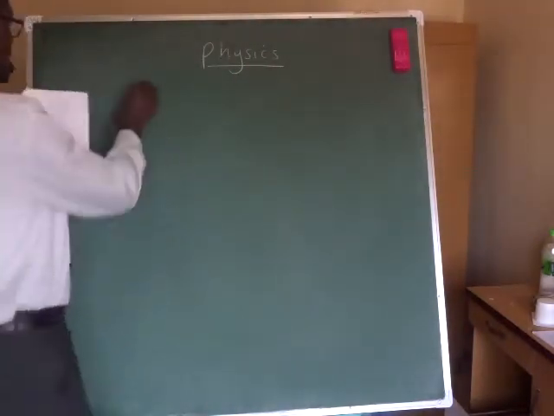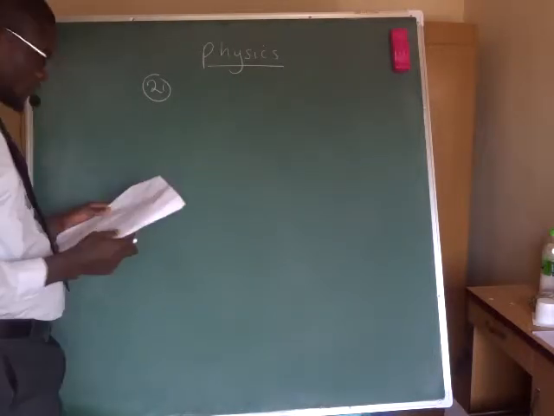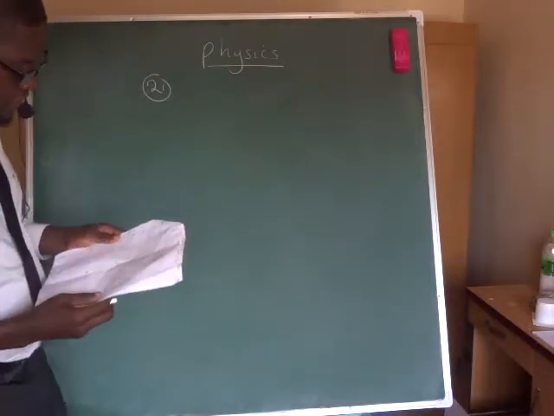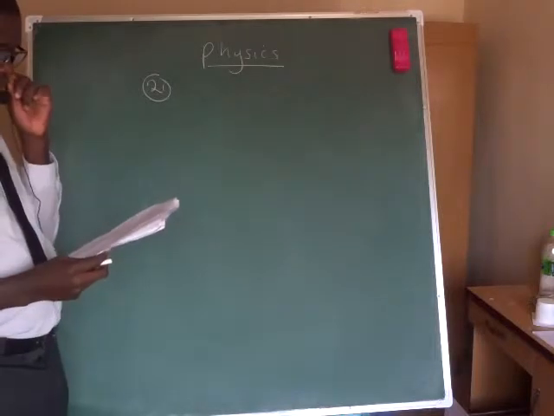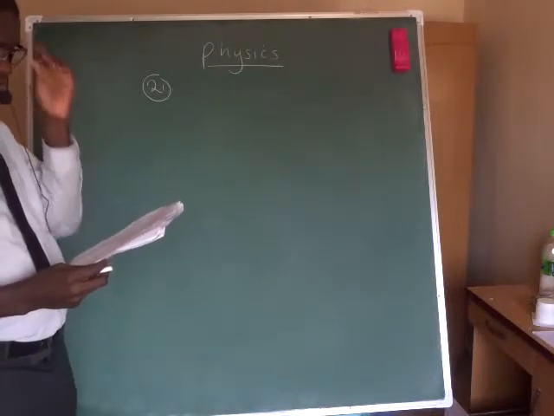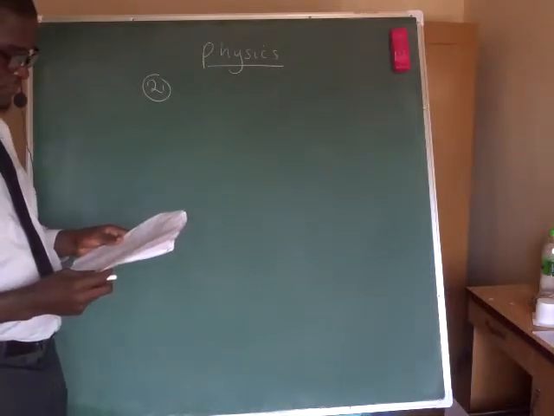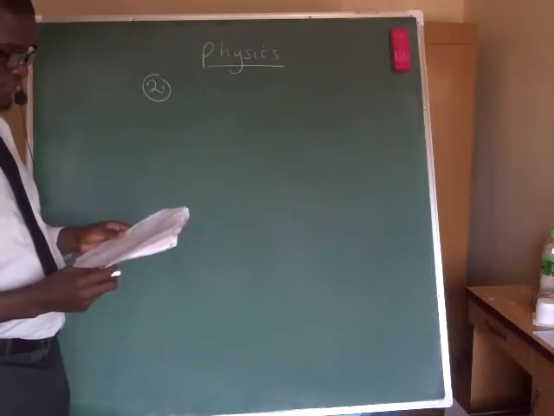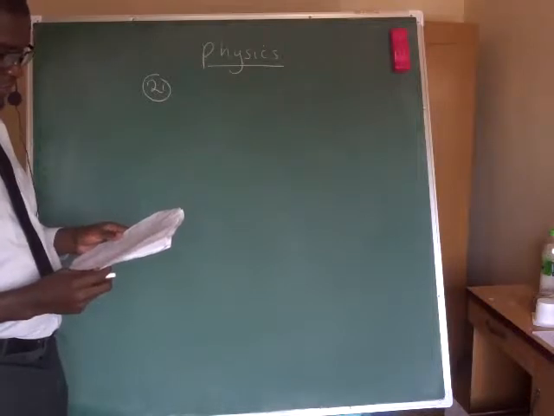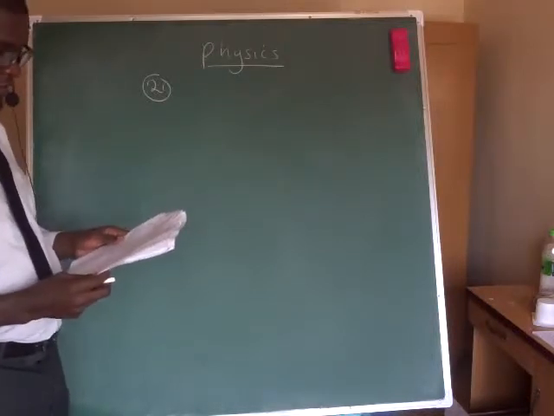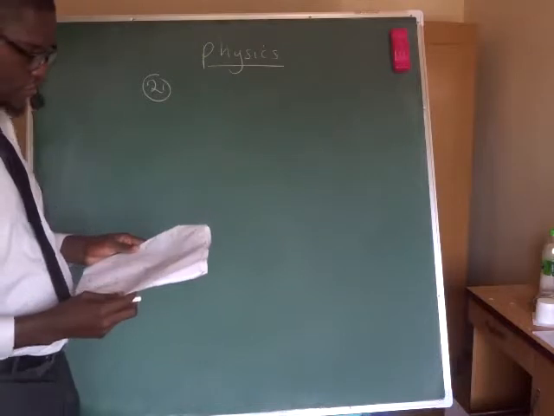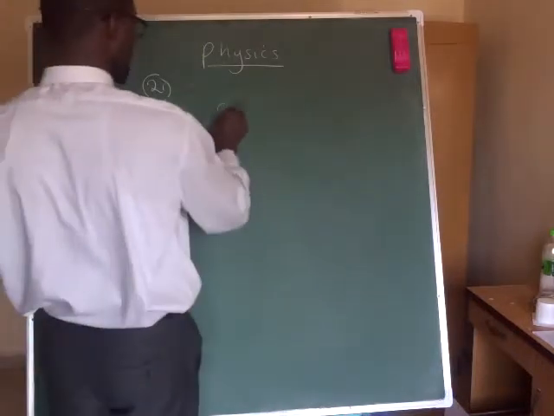Question 21 says, what are the charge carriers in semiconductors? A. Electrons and holes. B. Holes only. C. Ion and electrons. And D. Ion and holes. So the answer is option A, electrons and holes.